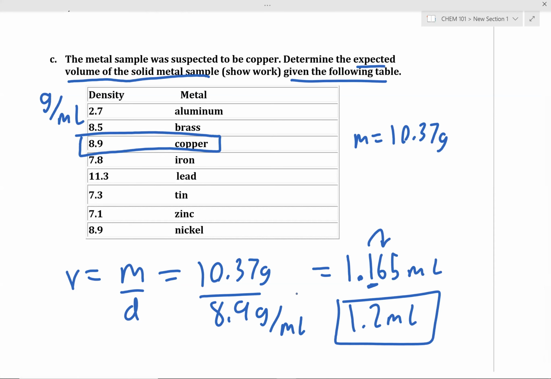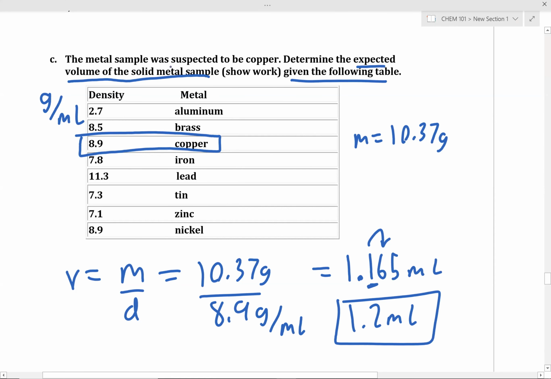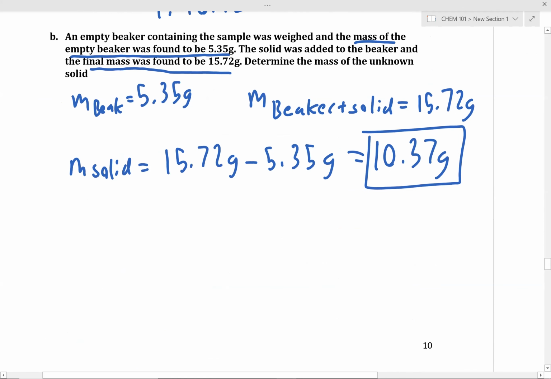Does that make sense? Any questions so far? Does it make sense how we're using this data table? All we're using it for is to read off the density. So did we calculate the mass of our sample previously?